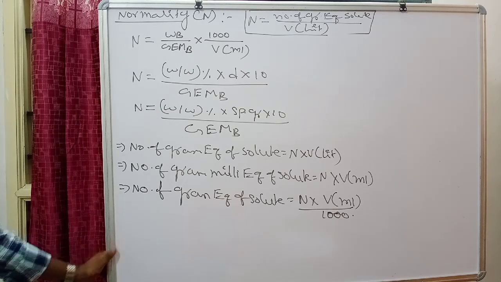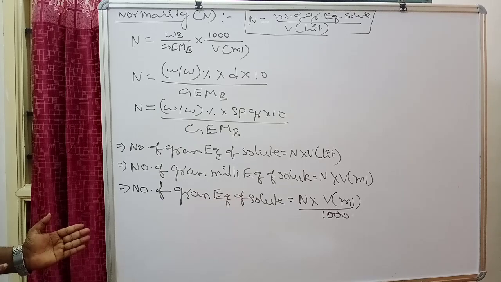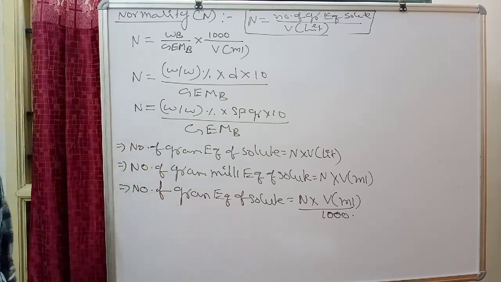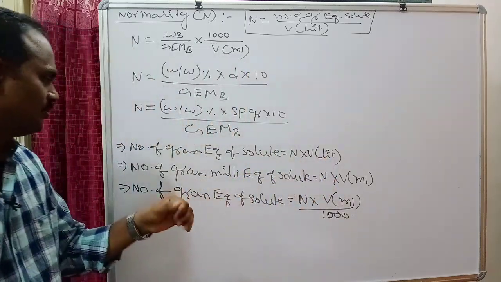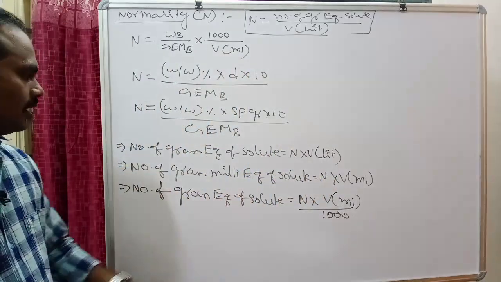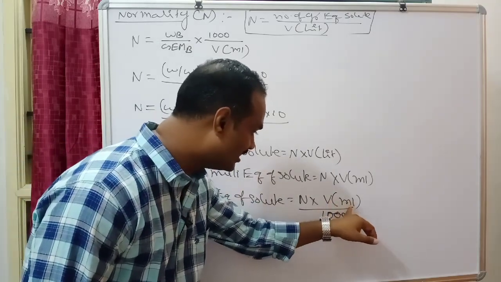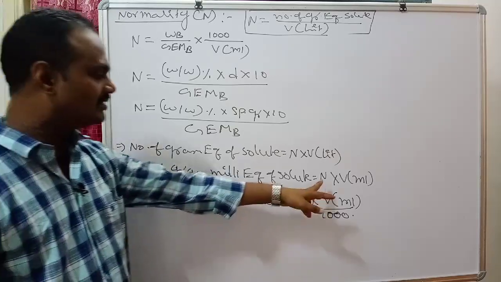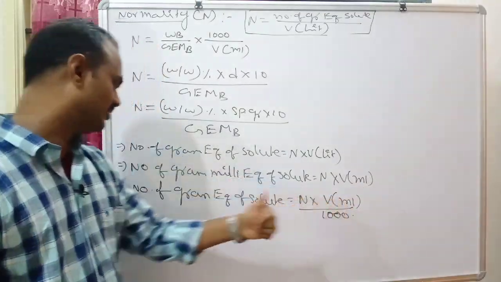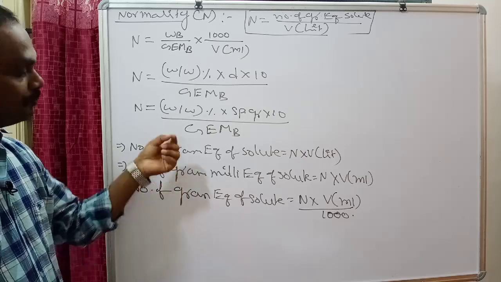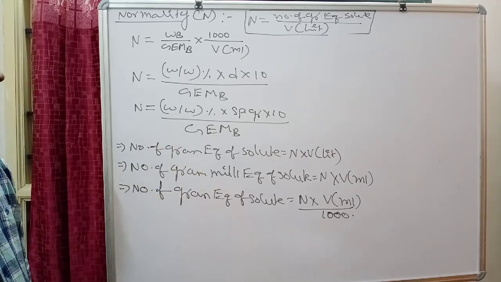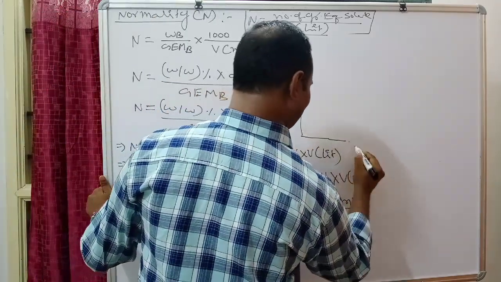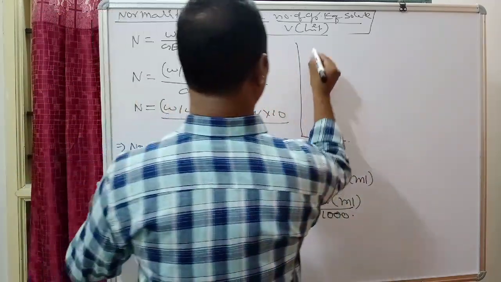To calculate milli equivalents, normality into volume in milliliters. Normality into volume in liters gives gram equivalents. Normality into volume in milliliters by 1000 gives number of gram equivalents of solute, but normality into volume in milliliters gives number of gram milli equivalents. Is it clear? Now some other formulas you have to see here. Suppose in the dilution case, how to calculate normality?